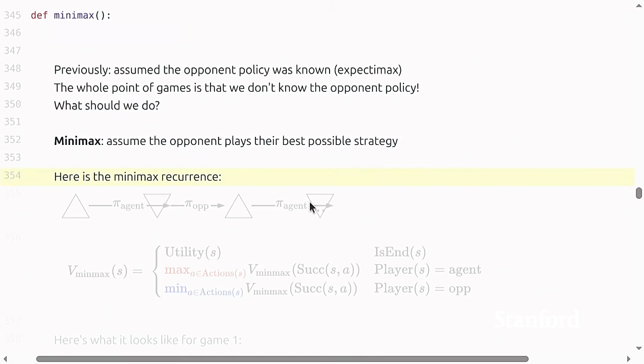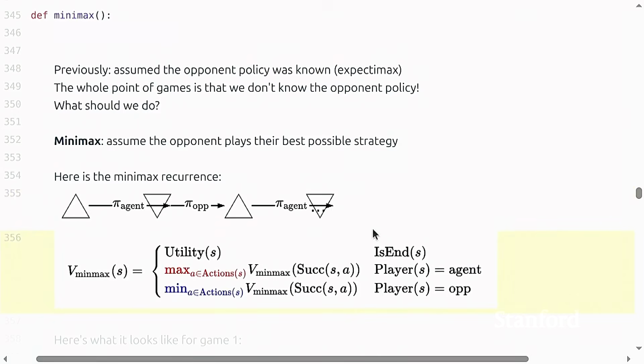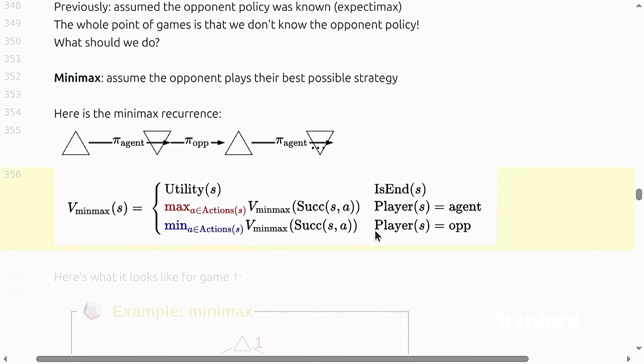So here is the minimax recurrence that describes this principle. As before, I have an upward triangle to denote where I'm taking a max, and a downward triangle to denote where I'm taking a min. First, the agent moves, that's a max. The opponent moves, that's a min. The agent moves, that's a max, and so on. The recurrence is actually fairly simple, simpler than the other recurrences we've shown.